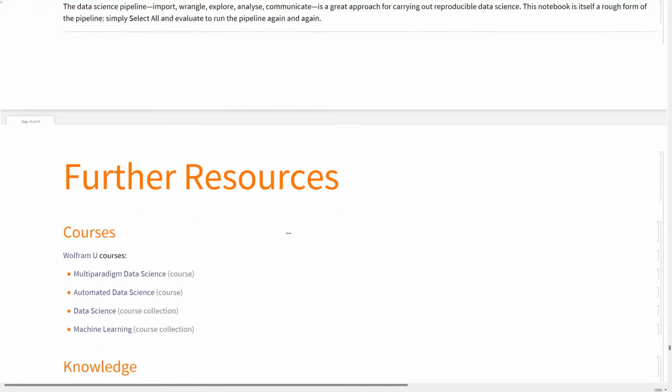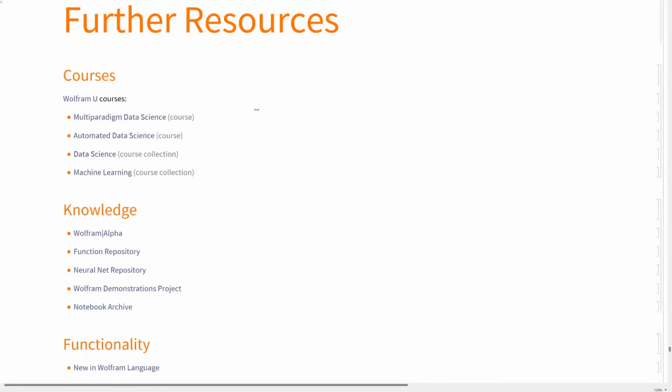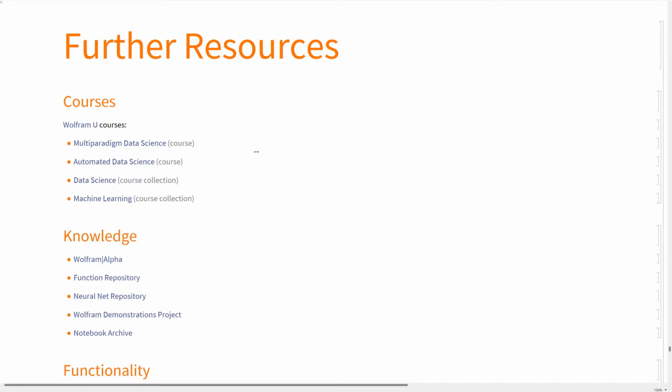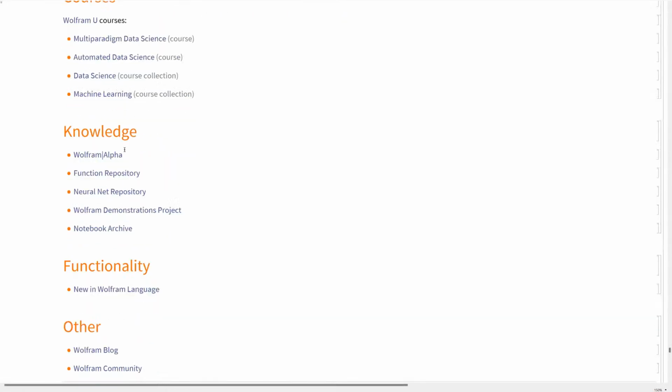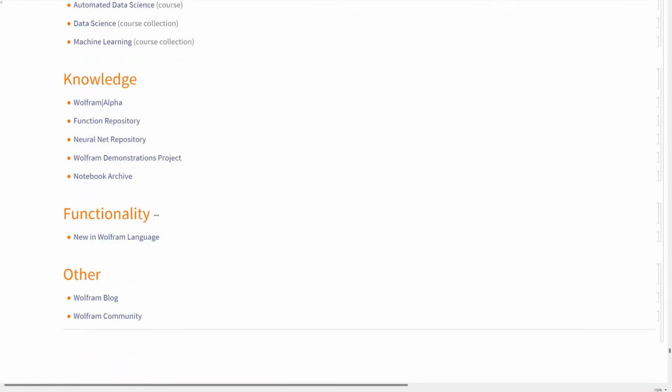So yeah, we have some other resources to help you have a better understanding of how data science and machine learning work in Wolfram language. We have some WolframU courses, and here are the free repositories: function repository, neural net repository, and demonstrations, which have a lot of examples of different Manipulate models from different areas, like math and physics.